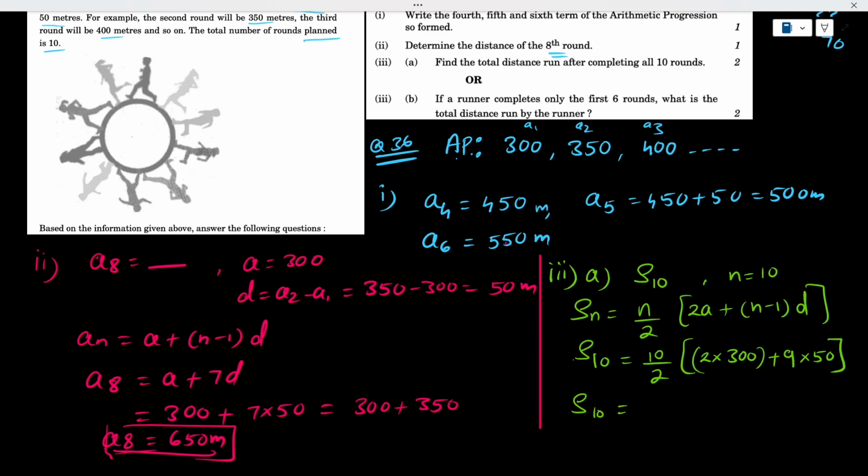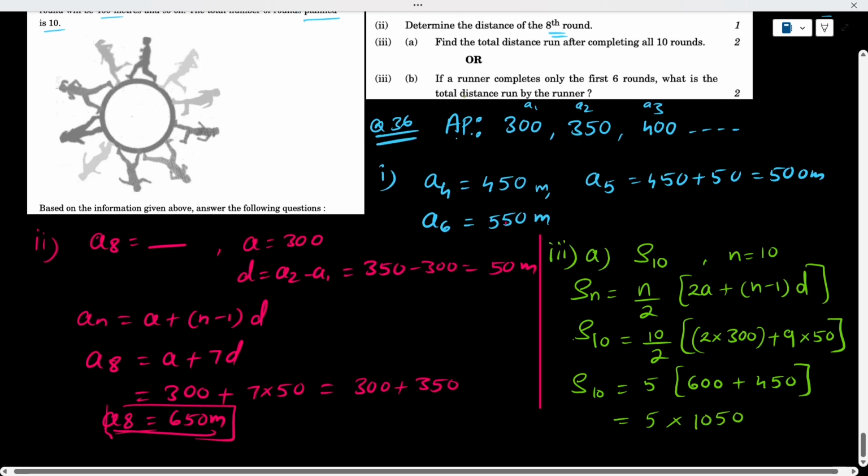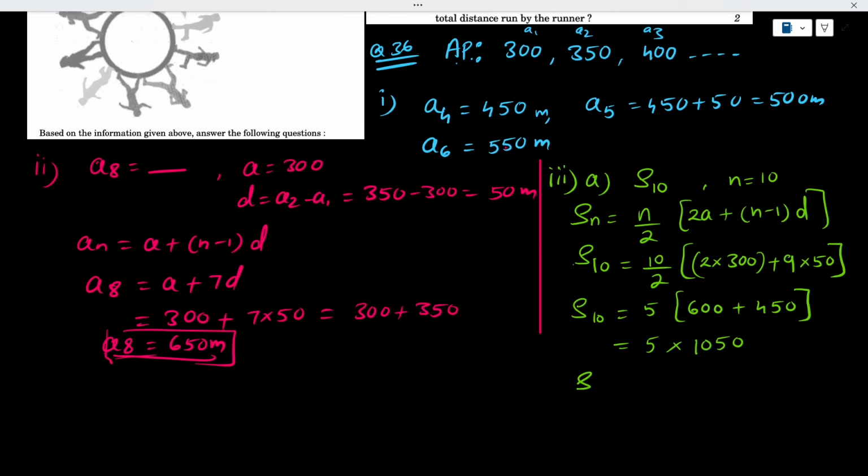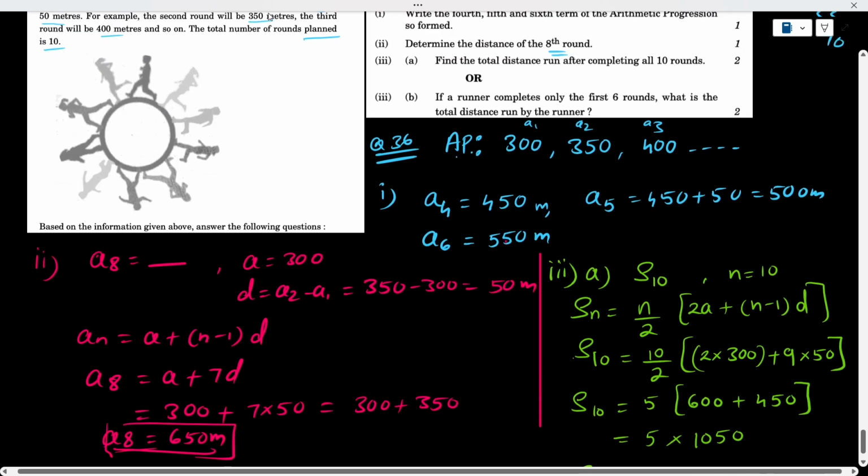So S10 will be equal to 5 times, make sure you don't make any calculation mistake here, 5 times 1050, right? And when you do this, you will get the total distance covered in 10 rounds. How much distance is covered here? 5250 meters.